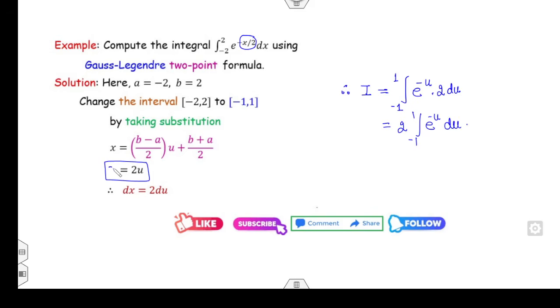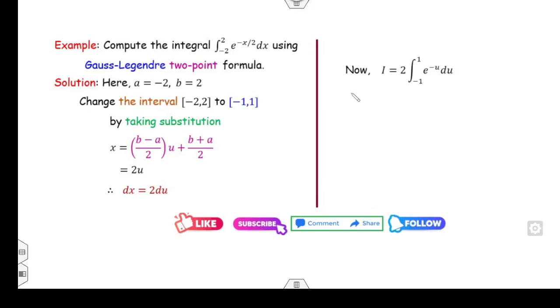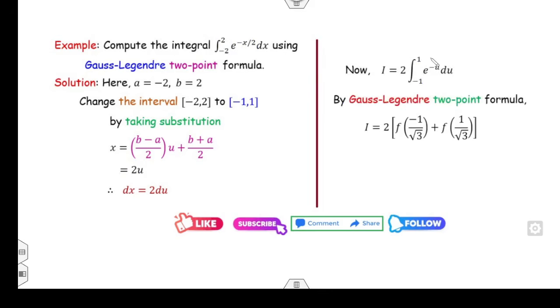You can check also: when x is equal to minus 2, u will be minus 1, and when x is equal to plus 2, u will be plus 1. So now the limits are from minus 1 to plus 1, and therefore you can apply the Gauss quadrature formula. Here the 2 is outside, so this will be the 2. Apply the Gauss quadrature formula on this part.